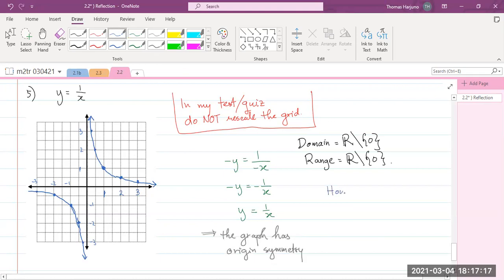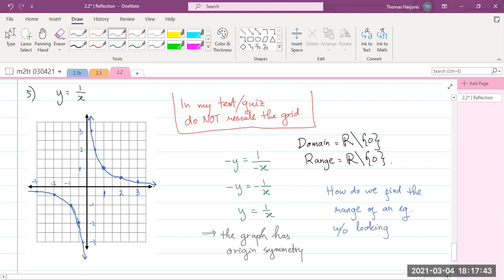How do we find the range of an equation without looking at the graph?